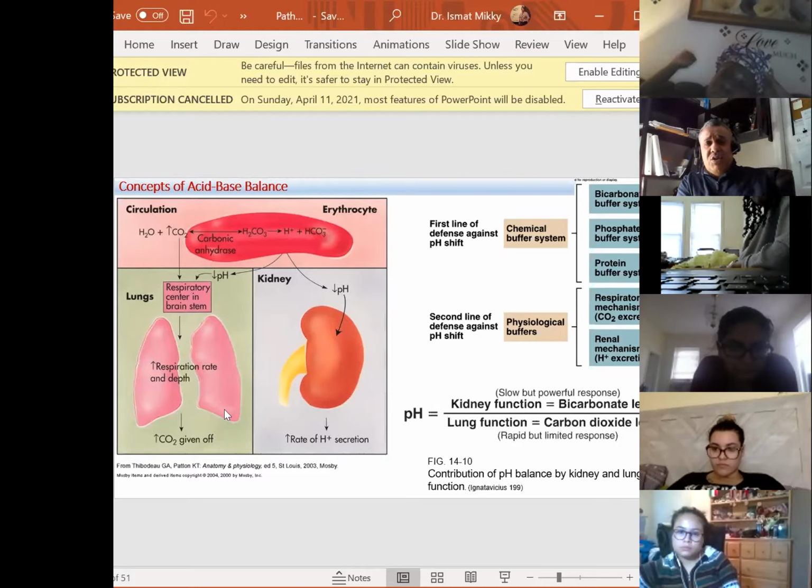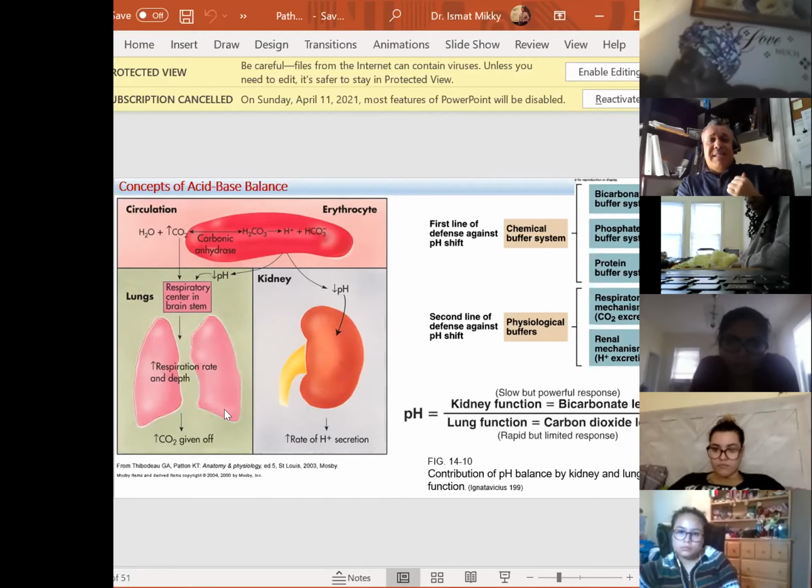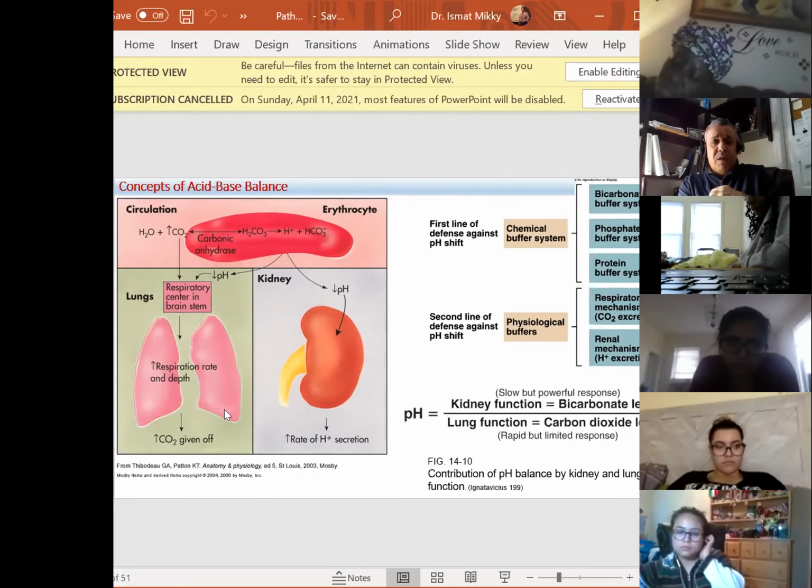And that H2CO3, what would you call that? Carbonic acid. It's a carbonic acid, so the high CO2 will result in acidity. So anytime the patient retains CO2, how would they retain CO2? Because they are not breathing enough, right? They are hypoventilating.